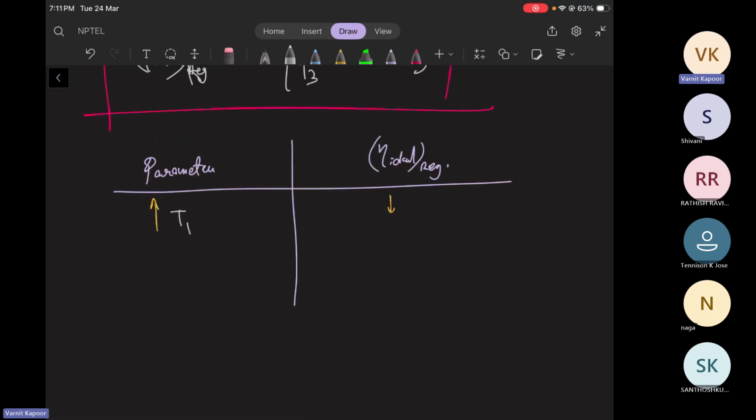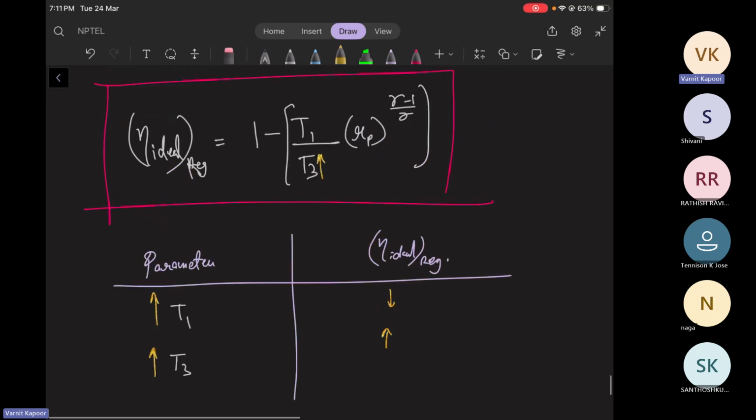If I increase the temperature T3, my efficiency is going to increase, because on increasing T3 this expression decreases and efficiency increases.